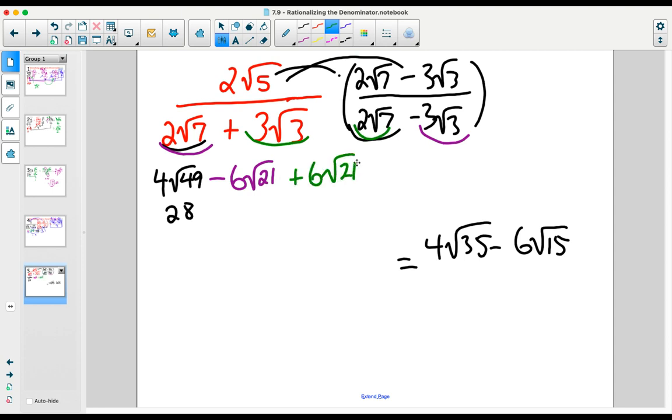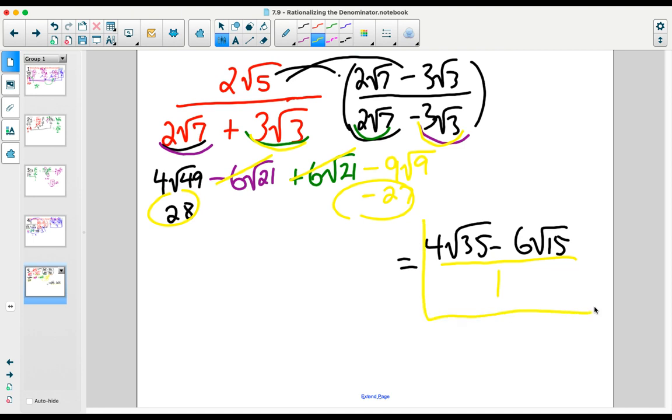Thank goodness, we're going to get our elimination of those radical terms in the middle. And then 3 root 3 times 3 root 3, minus 9 root 9, which is just 27. These two will knock each other out. We're left with 28 minus 27 for a very boring denominator of 1.